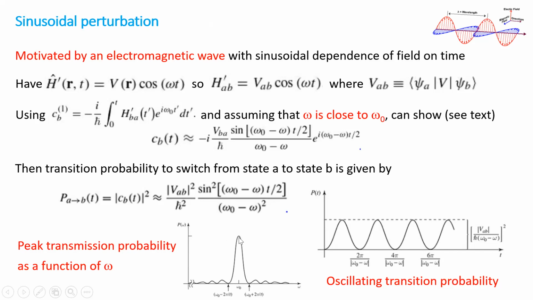So if we drive it right at that frequency, angular frequency, we get the highest probability, the peak in this oscillating curve here. And as we move away from it, we fall away from that. So this is a graph of this function here, VAB over omega naught minus omega, squared. So it oscillates around like this. Okay, so that's pretty interesting.